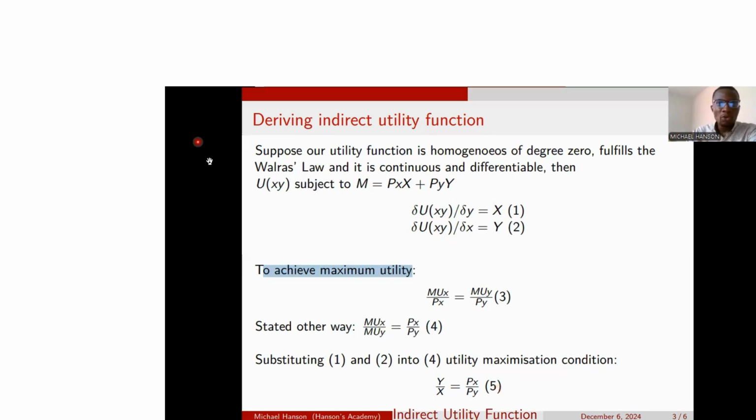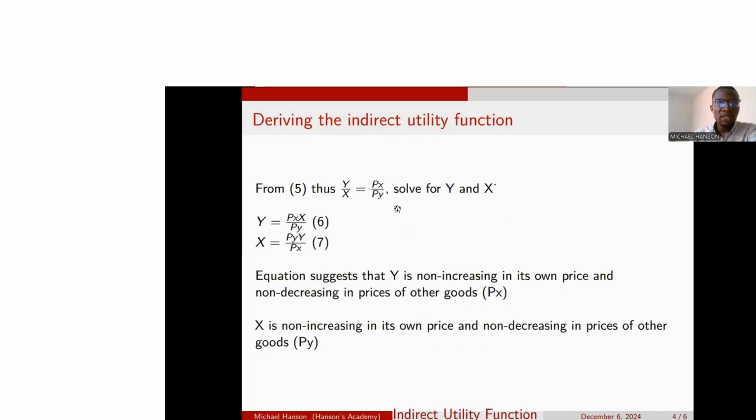And so we are going to continue with our substitutions. From equation 5, we are going to solve for x and solve for y. Solving for y in equation 5, if you make y the subject, you cross multiply and you get Px times x all over Py.